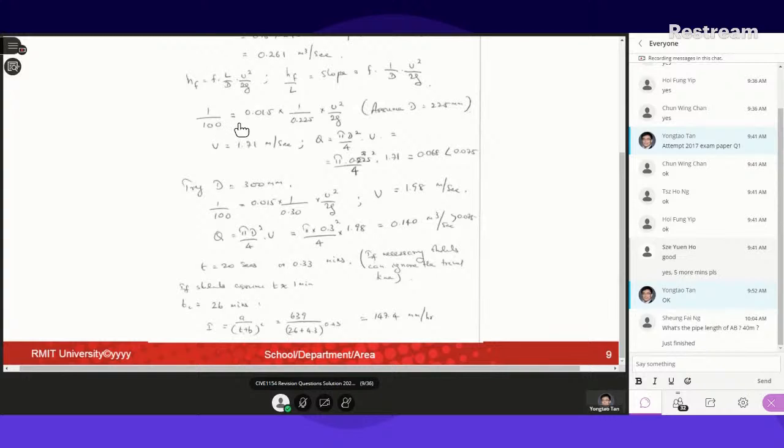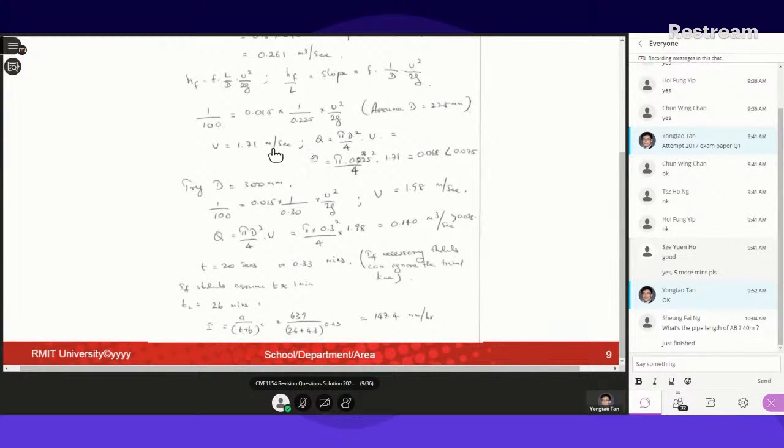We can see that the slope of the pipe is 1%, the roughness factor is given as 0.015, and the pipe size we start from is 225 millimeter. So we can get the velocity 1.71.